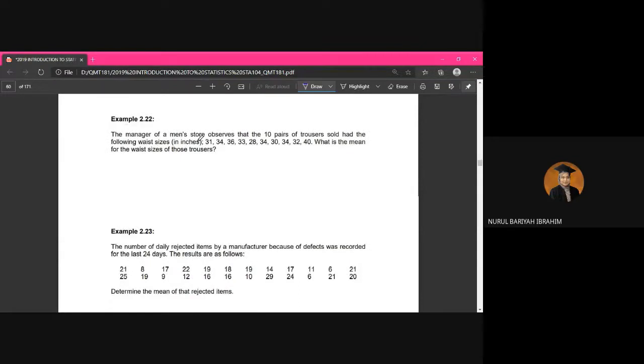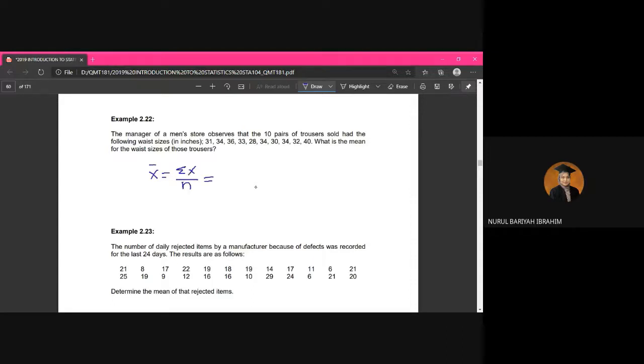Okay, let's see another example. The manager of a men's store observed that the 10 pairs of trousers sold had the following waist sizes in inches. What is the mean for the waist size of those trousers? So x bar equals summation of x divided by small n.